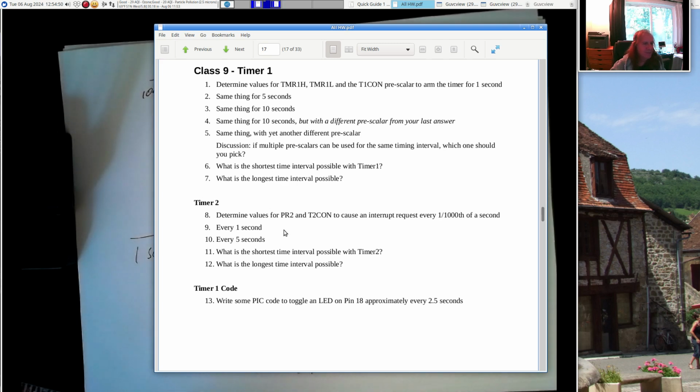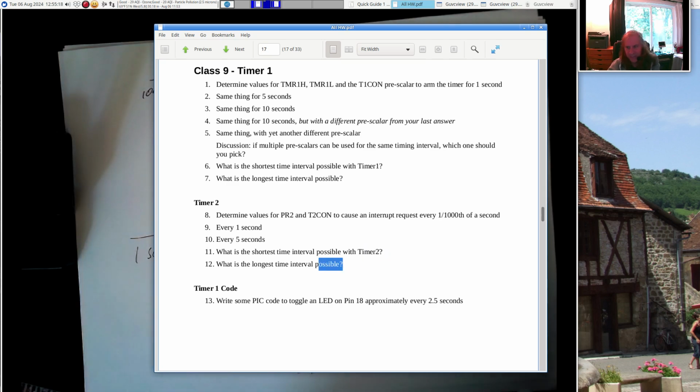Timer 2, same initial setup, but when we determine how many increments we want, that's the value we load into PR2 instead of 65K minus that or 256 minus that. So the shortest interval possible, again, is just a single increment. We could set PR2 to 1, 1 to 1 pre-scaler and post-scaler, and that's an 8,000th of a second, 125 microseconds.